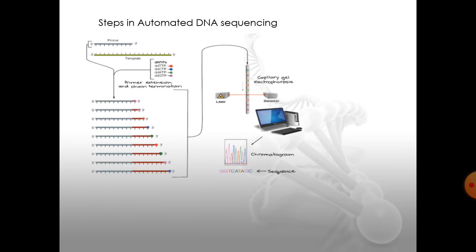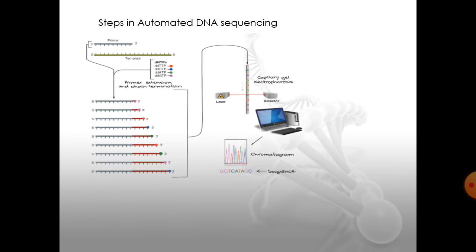So the first step is: the DNA sample which we are going to sequence is taken in a tube along with the primer, the DNA polymerase and the dNTPs, that is dATP, dTTP, dGTP and dCTP.